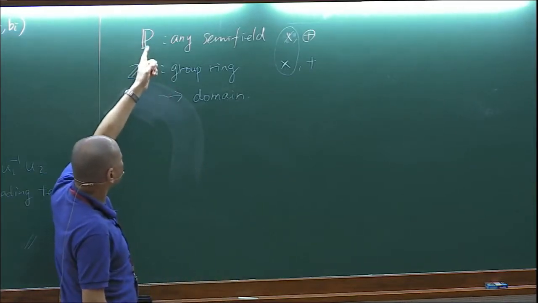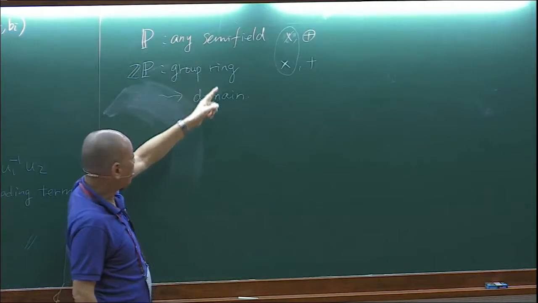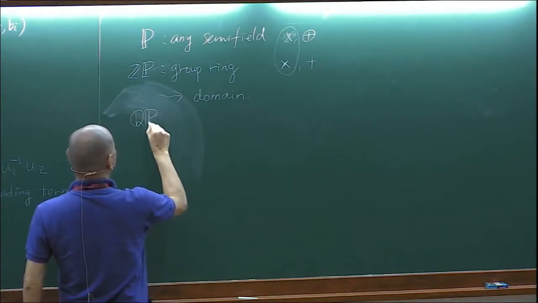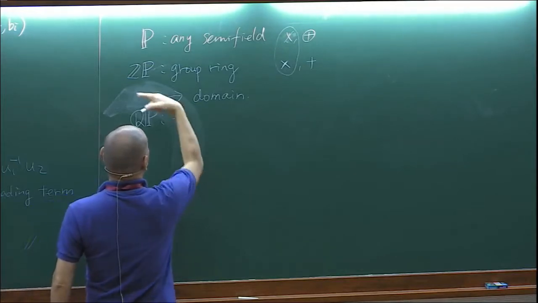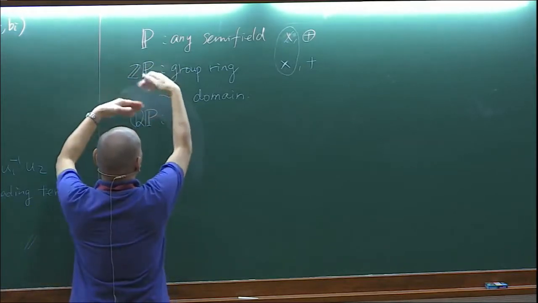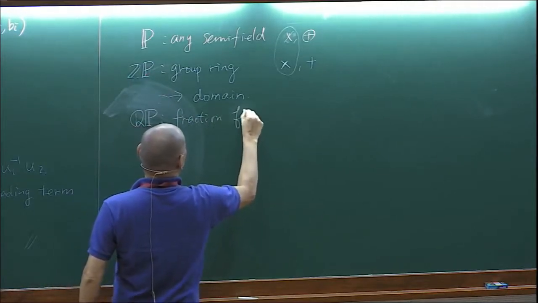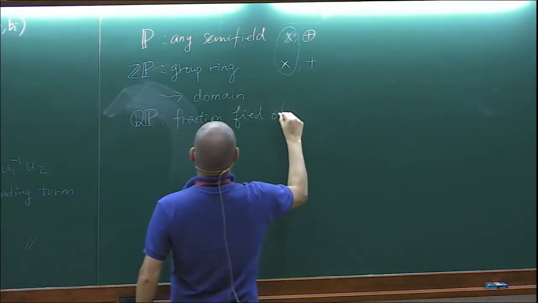This comes from the fact that this is a semifield. And then you can define, by the usual method, a fraction by taking the quotient. It's a field, yeah? The fraction field of ZP.